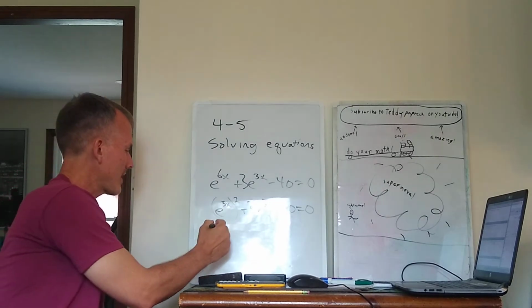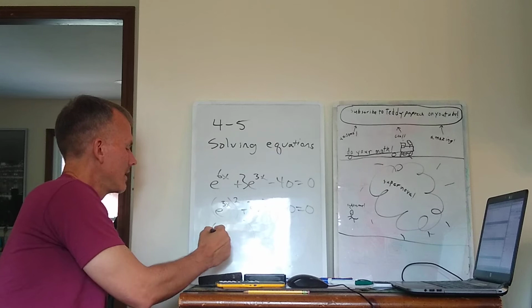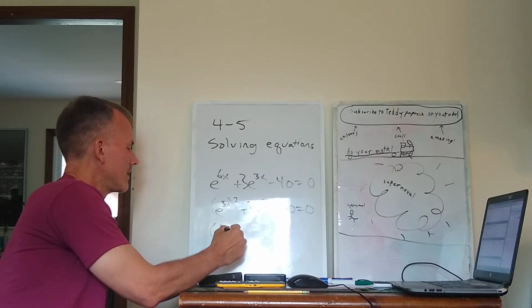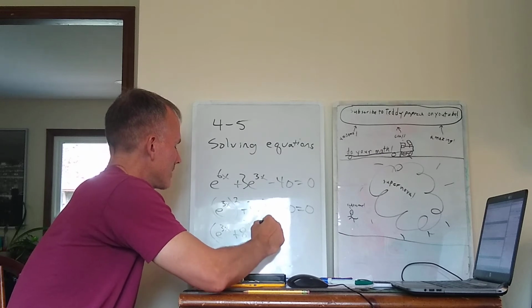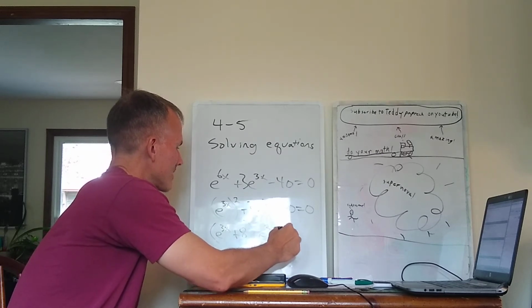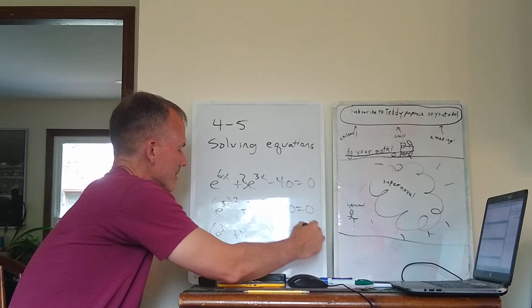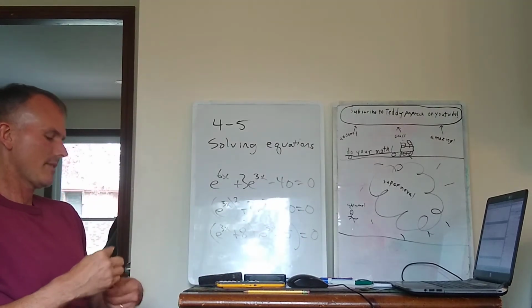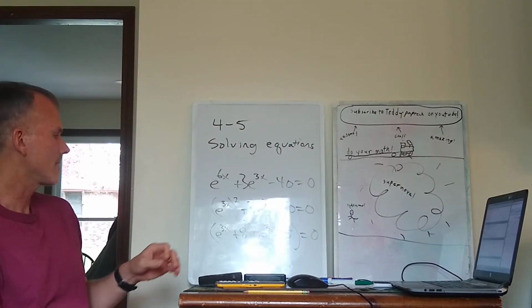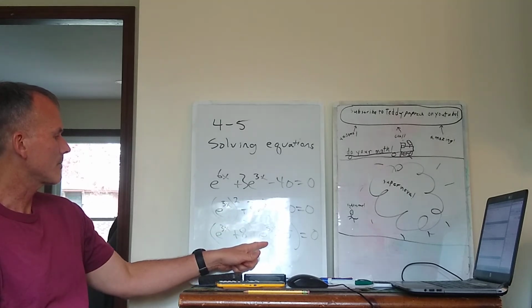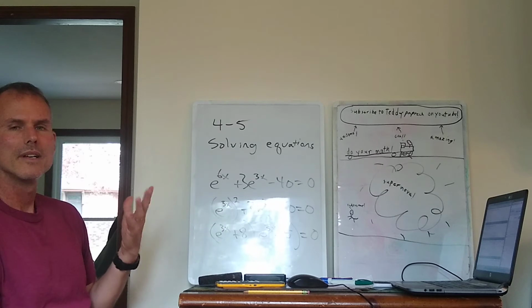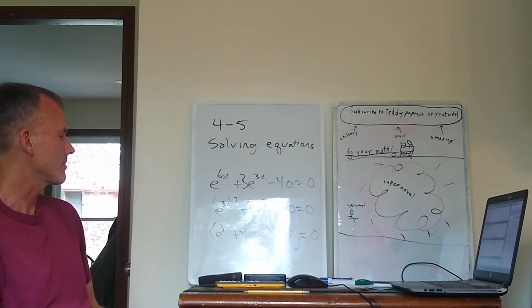Let's try to make this: e to the 3x plus 8 times e to the 3x minus 5 equals 0. And you can check my work here. e to the 3x times e to the 3x would give me e to the 3x squared, or e to the 6x, so that looks okay.